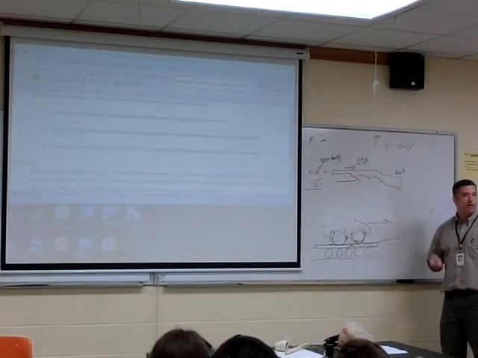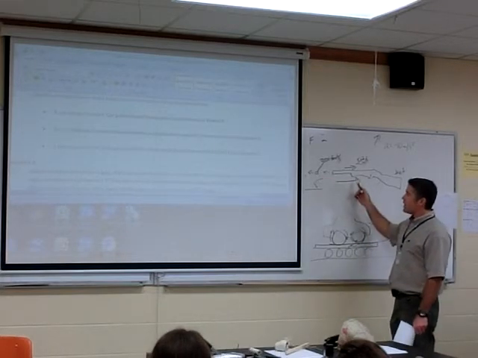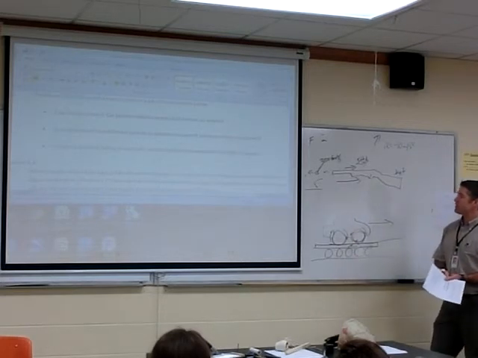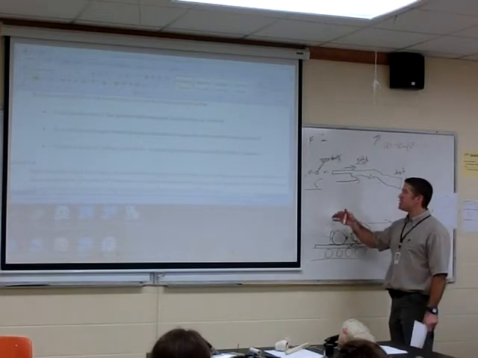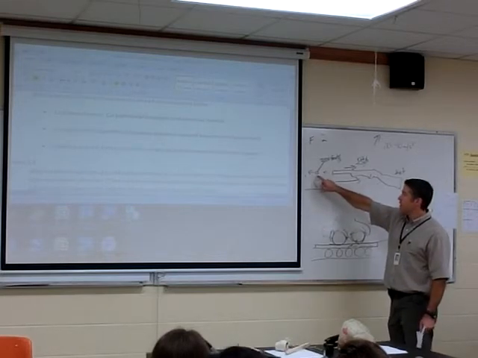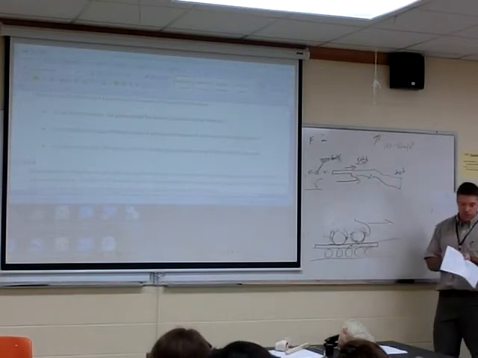Because it's smaller. So the bullet has less mass, the gun has more mass. The same force is going to push something with less mass a lot faster. The acceleration is inversely proportional to the mass. So if the mass goes down, the acceleration and the speed go up. If the mass goes up, then the acceleration and the speed go down.